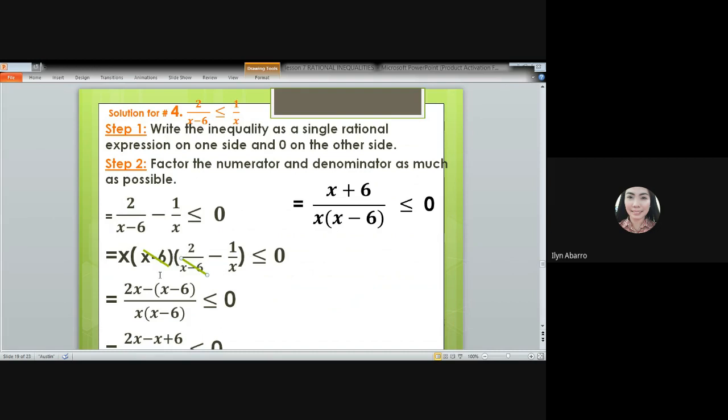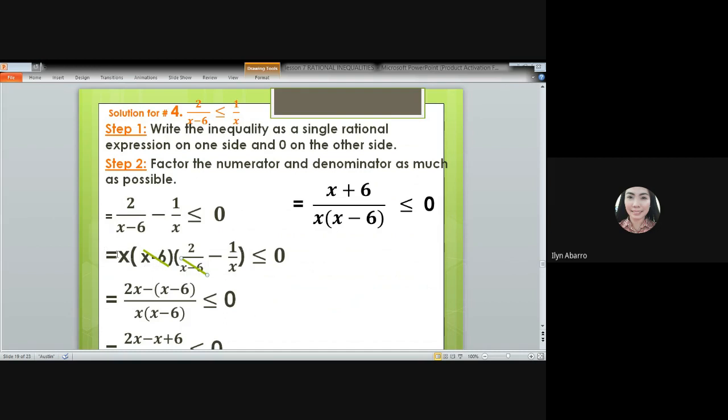Okay? Minus. So, kapag subtraction, ibubukod natin yung subtrahend because later we're going to change its sign. Then, write the LCD at the denominator. That is x times x minus 6 is less than or equal to 0. But then, wait, we have to multiply yung x times x minus 6 with 1 over x.